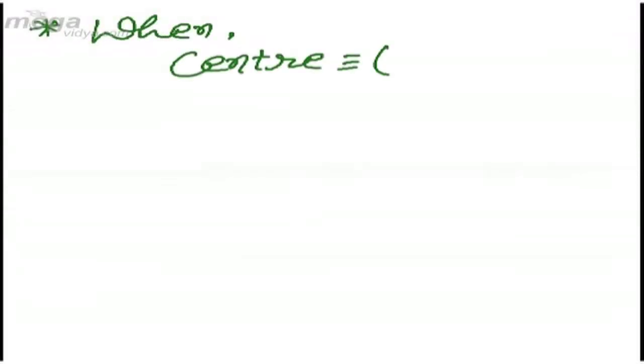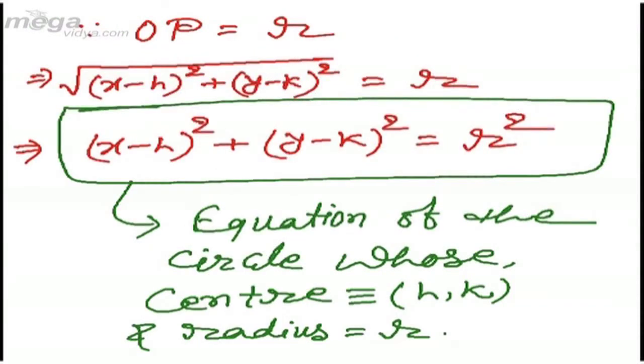Now student, when the center of the circle is 0 comma 0, then what will be the equation of the circle? In the previous equation, in place of h and k, we can substitute 0 and 0.